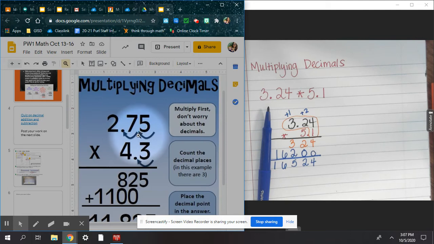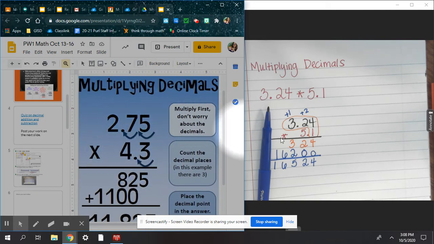This is a decimal place. This is a decimal place. So I'm counting the decimal places. So here's my decimal, and these are the places behind my decimal. So how many places do I have behind the decimal? I have 1 place, 2 places, 3 places. Okay, so that's our example.